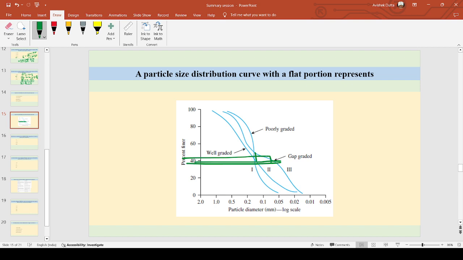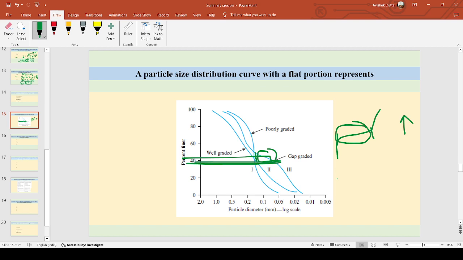If it is a horizontal line like this, then in this range there is no increment of percentage finer. That is, this particular range is absent. So it is a gap in the soil gradation, and it is called gap graded soil.